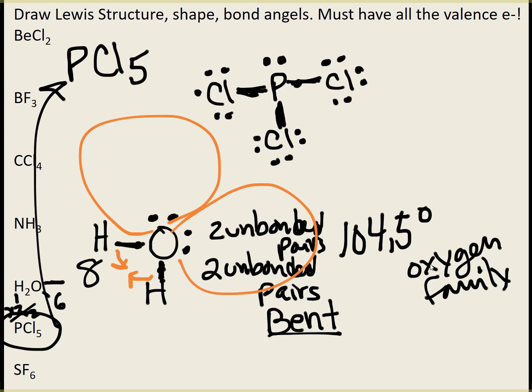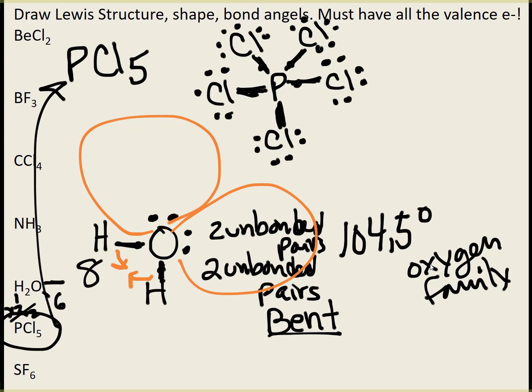So what I'm going to do is spread these dots around just a little bit further apart, and I'm going to put my chlorines there. Boy, what is this thing? So phosphorus is a larger atom, and because it's larger, it can make what's called an expanded octet. And that's what's happening here.